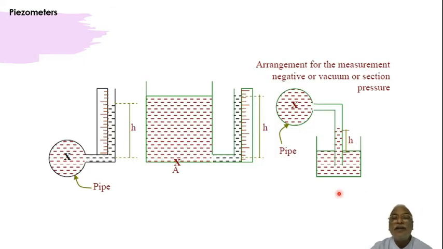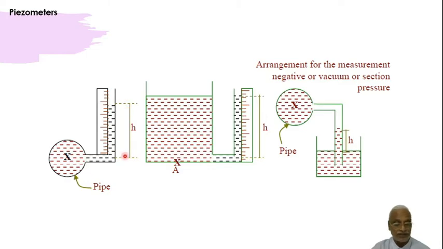Here a variety of piezometers are given. This one we have just now seen. If there is a point at which the pressure is to be measured, you insert a tube which is known as a piezometer, and there has to be a scale to measure the vertical height difference between the point at which the pressure is being measured and the free liquid surface.